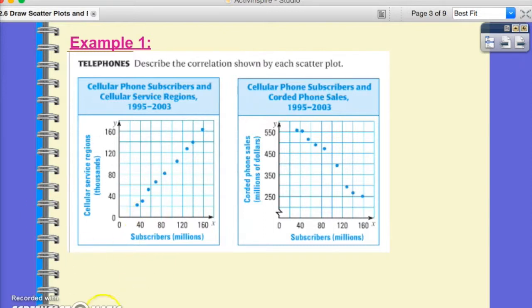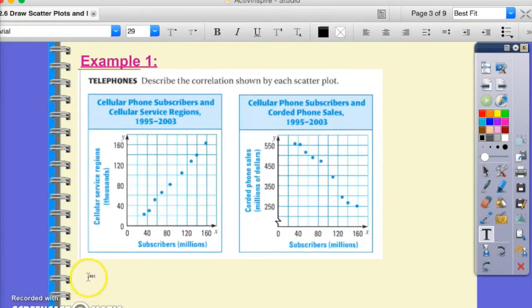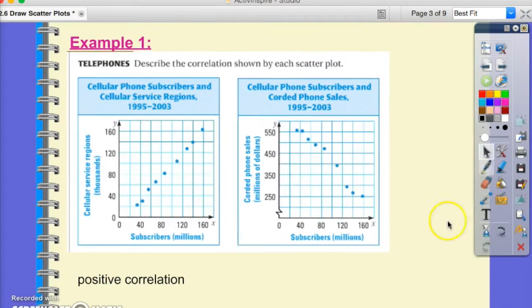If we look over here, it goes by how many regions in the thousands on the y-axis and the subscribers in the millions along the x-axis. And I would say this one is a positive correlation, right? And that makes sense, right? The more people they get to subscribe to cell service, the more regions you have to accommodate those people.